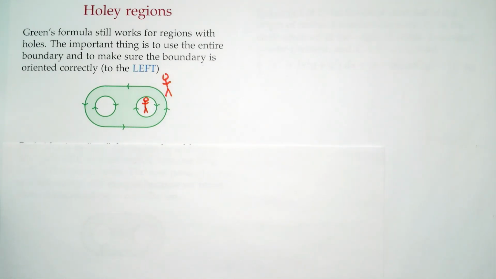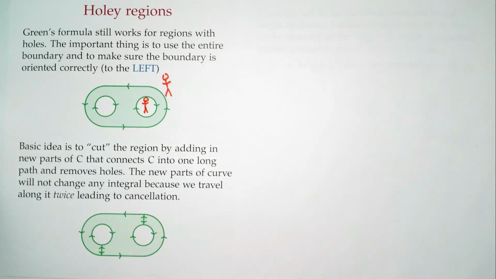There's a couple of ways you can think about it. Here's one way to think about it, and I like it this way, which is to say, well, let's actually cut it up. And the way we cut it up is we reach into our pocket and we pull out a pair of scissors, and we come in and we just make a little cut.